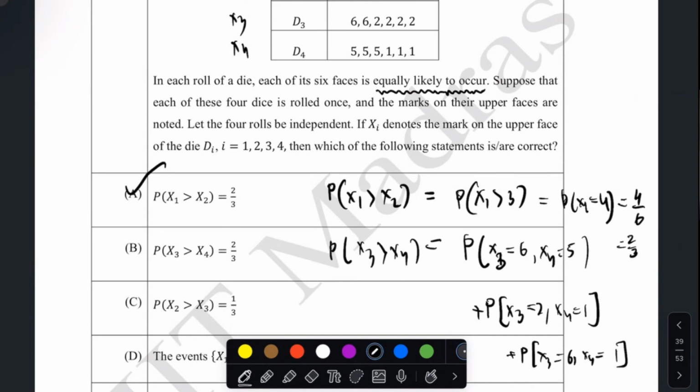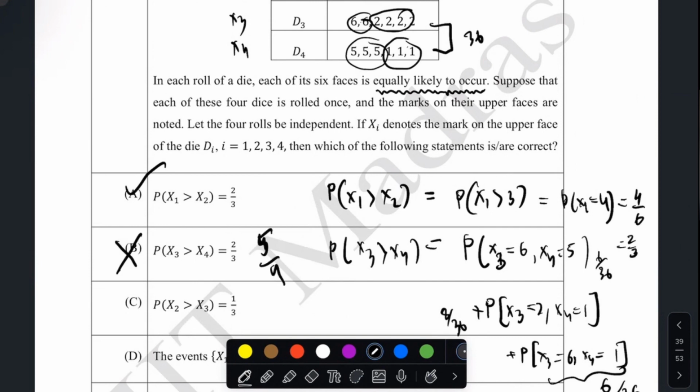There are a total of 36 possibilities here. For 6 and 5, it's 2 times 3, 6 possibilities, so 6 by 36. For 6 and 1, again 6 possibilities, so 6 by 36. And for 2 and 1, 4 into 2, 8 by 36. So 6 plus 8 plus 6 is 20, so 20 by 36, which is 5 by 9. So this is not true.